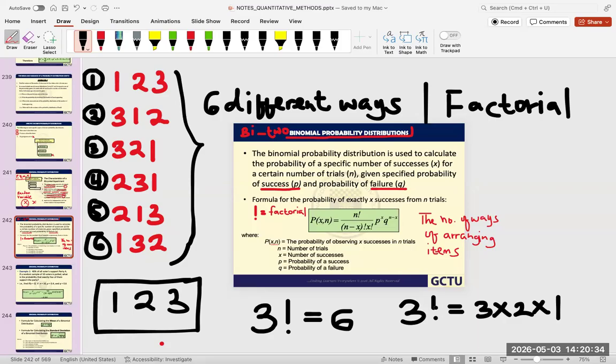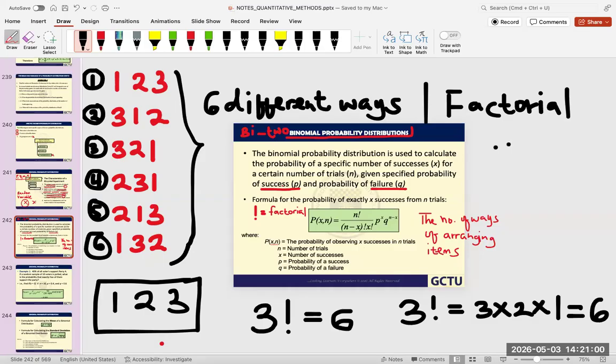That's the only time it will go away, because you have to reduce the number to 1 before it goes away. So 3 factorial means 3 times 2 times 1, which will give you 6. Meaning that when you have 3 items and you are rearranging them, you will have this as you see here.